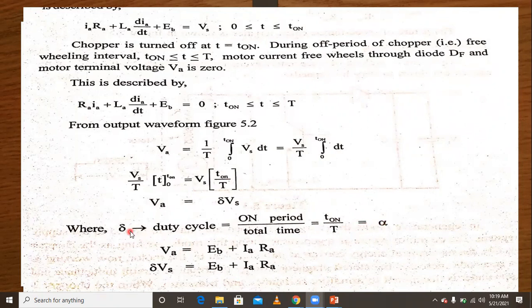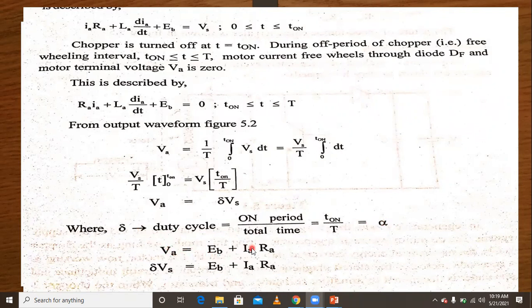Some books take delta as the duty cycle, so here delta is called duty cycle. Then for the motor, VA is equal to EB plus IA into RA.